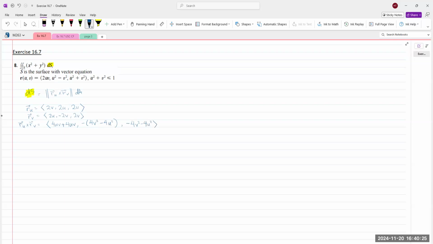Okay, I don't really like the guy in the middle though. But you can factor the 4 out. So 4 times 2uv, and then if I factor the negative and then factor the 4 out, I get negative u squared minus v squared, and then the last one I get u squared plus v squared.